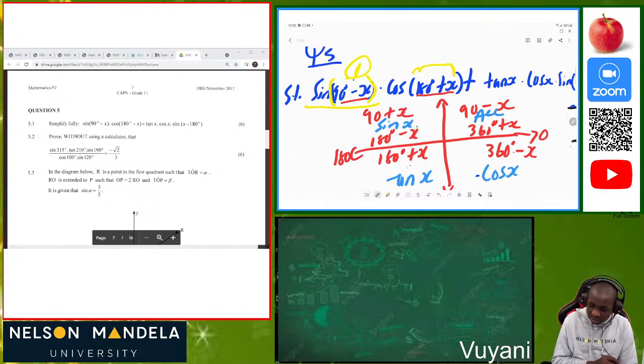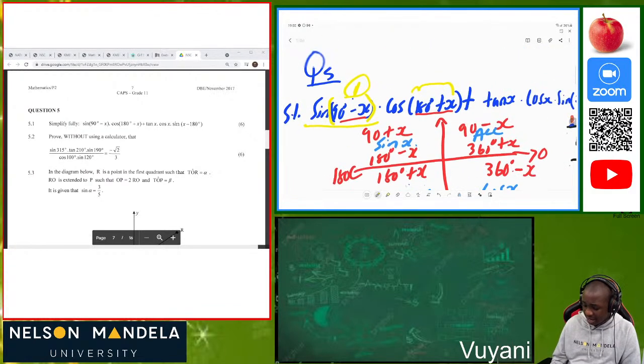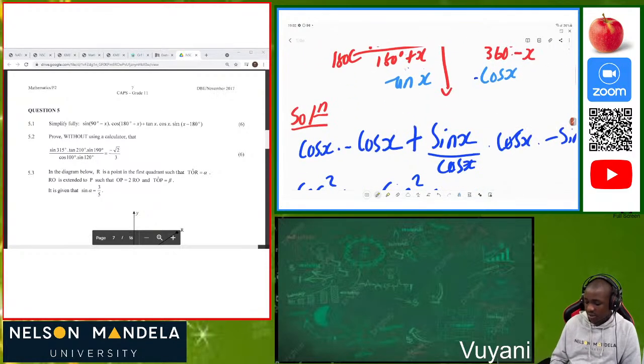So you ask yourself those simple questions. Since it is in the third quadrant, now you ask yourself, is cos positive or negative in the third quadrant? No, cos is negative. So that's why we ended up having a negative cos here. Negative cos. Then you say plus.